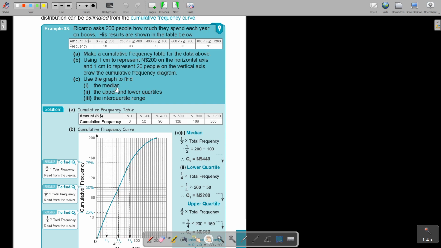Use your graph to find the median. That's the middle. So that's quartile 2, or a half. First I'm going to find the half times the total frequency. And what is the total frequency? 200. But that's not the median.